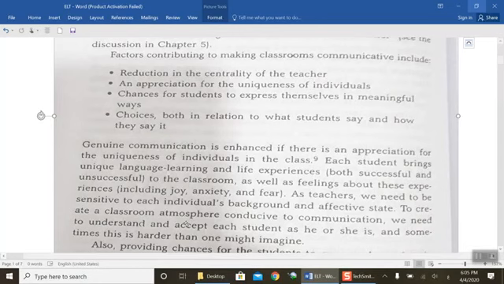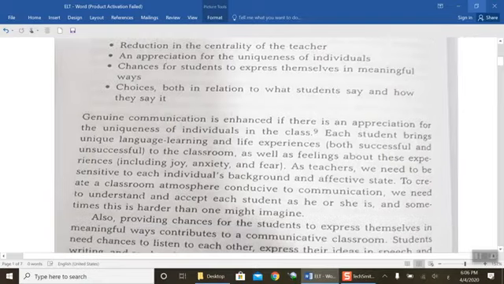So we as teachers have to create a suitable atmosphere for the students. We have to know the background. We need to understand and accept each student, and sometimes this is harder than one might imagine.